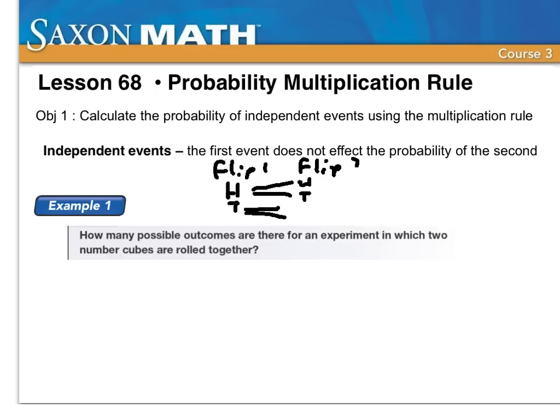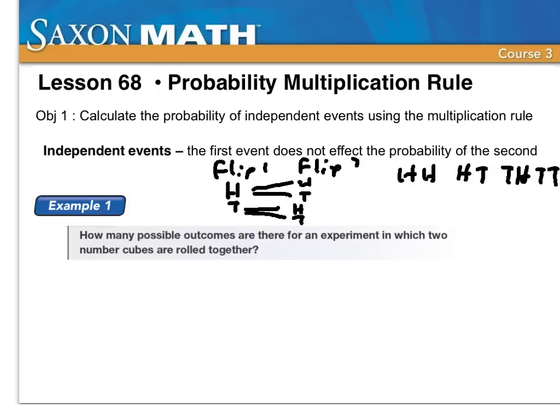And same thing here, I could get heads or tails again. So if I get heads the first time, I can get heads and tails the second time. And if I get tails the first time, I can get heads and tails the second time. So my sample space is heads and then heads, or heads and then tails, or tails and then heads, or tails then tails.